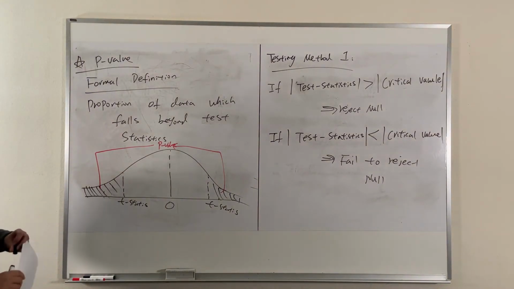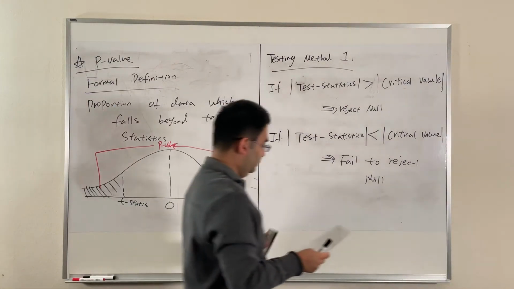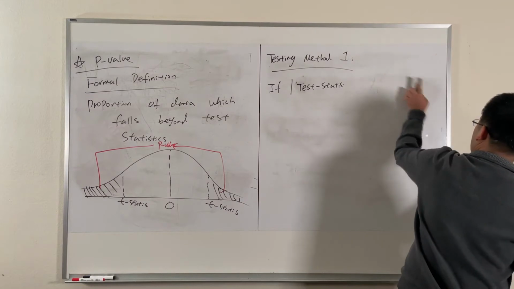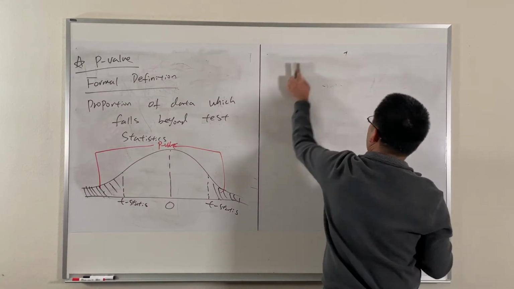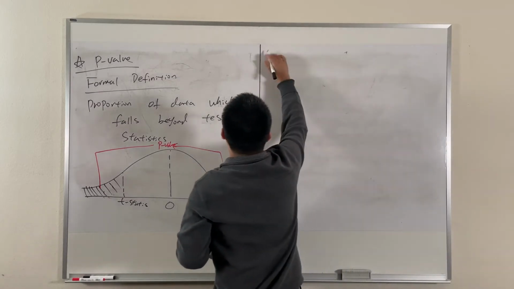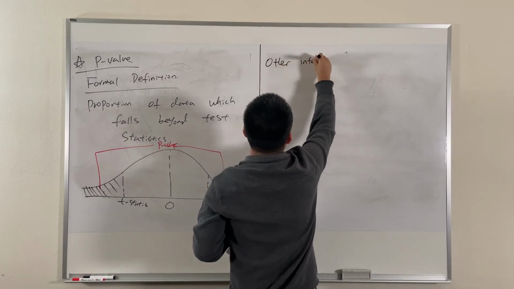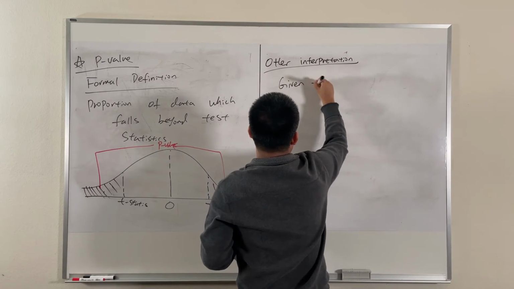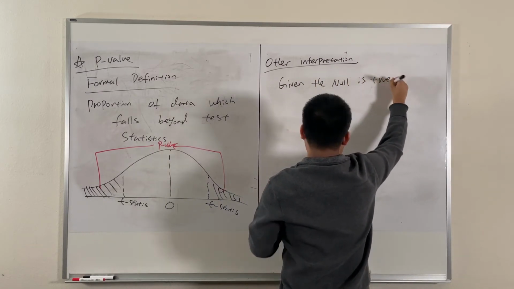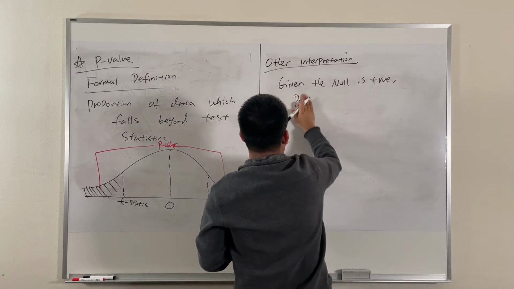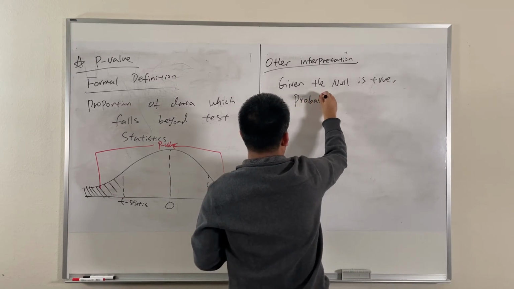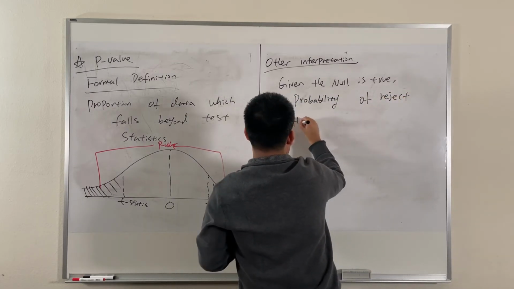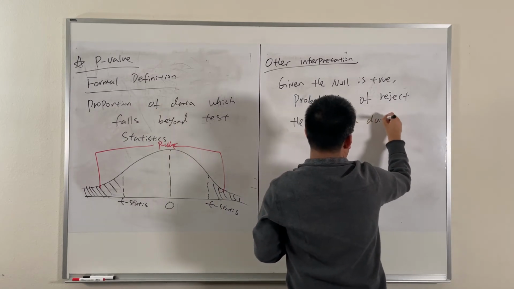Let me give you a different interpretation of the p-value. Okay, so another interpretation would be, given the null is true, the probability of rejecting the null with the data given.